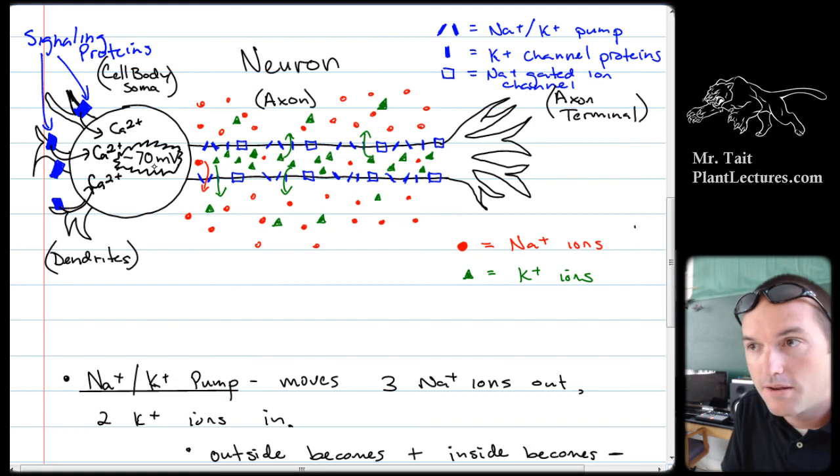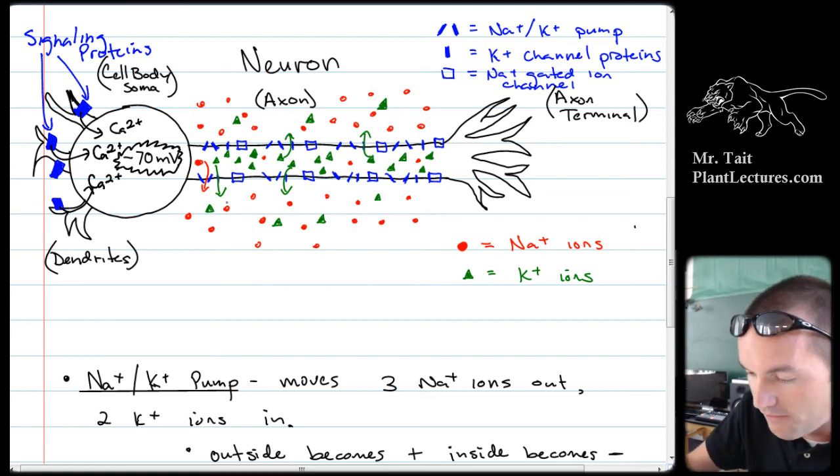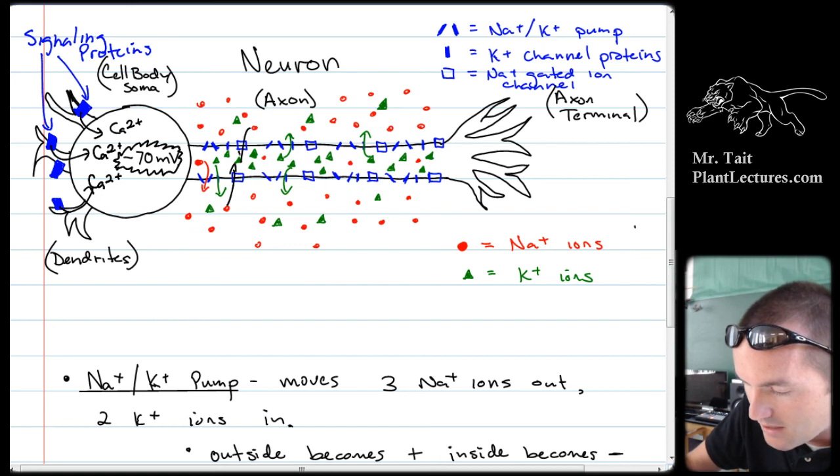The gates open, right? And if the gates open, that means that all these Na plus ions that are out here are going to rush in. They're going to go in so fast. They're going to fly through these gates.